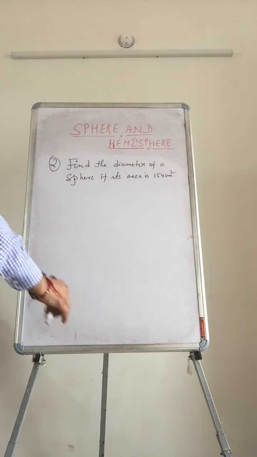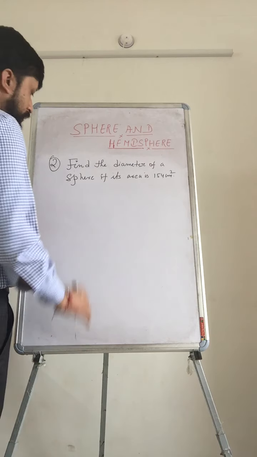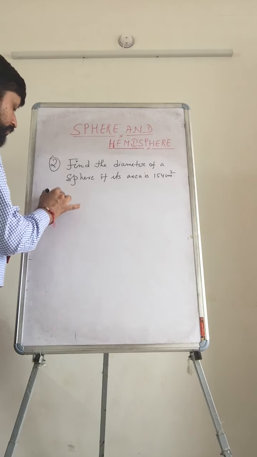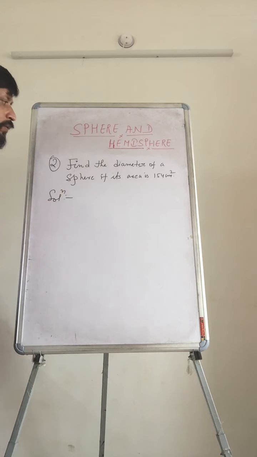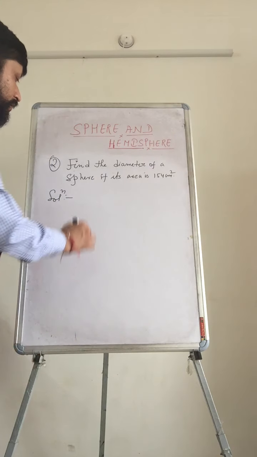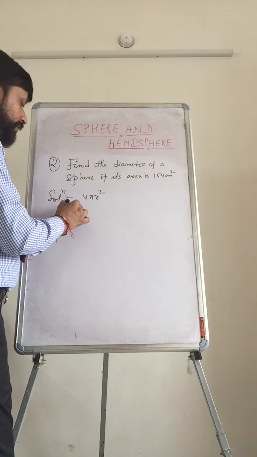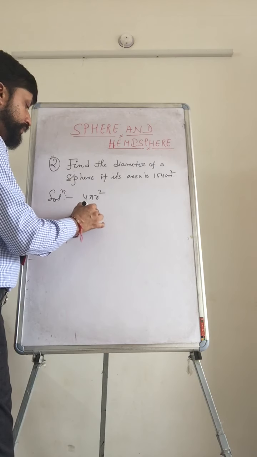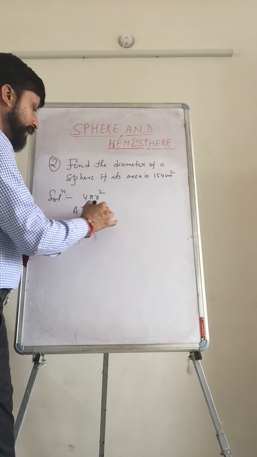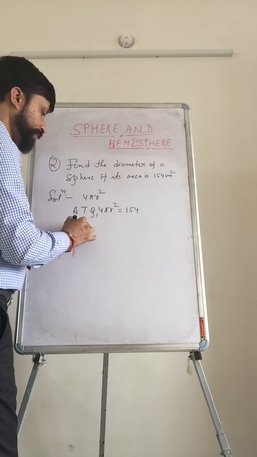Find the diameter of a sphere if its area is 154 centimeter square. Solution. We know the surface area of a sphere is 4 pi r square. So we can write according to the question, 4 pi r square equals 154.